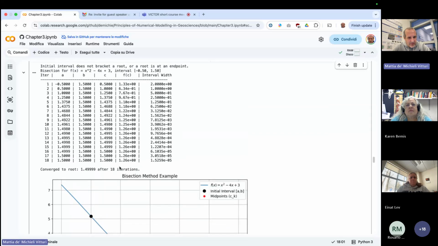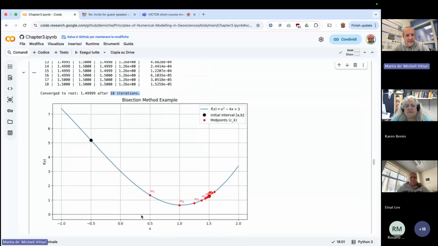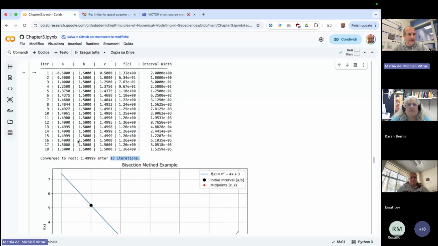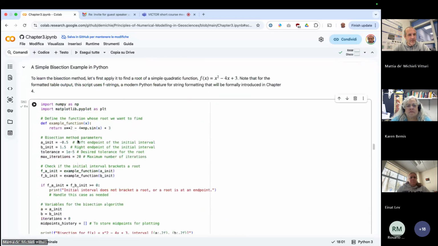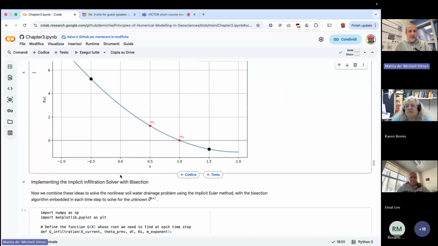So here, okay, it took 11 iterations, and you see that, in this case, it was not converging because the first 2 points, A and B, were both with positive values. So we were in this case, and so the algorithm could not converge. Okay, so let's go back to the original one.